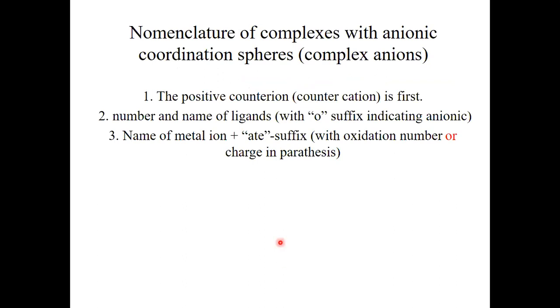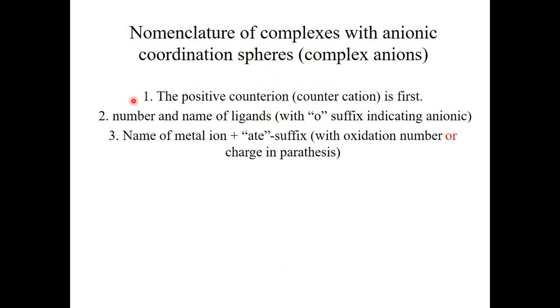Okay, so now how do we systematically name a complex? We distinguish between the nomenclature of anionic complex ions and cationic complex ions. Let us look at the anionic complex ions first.